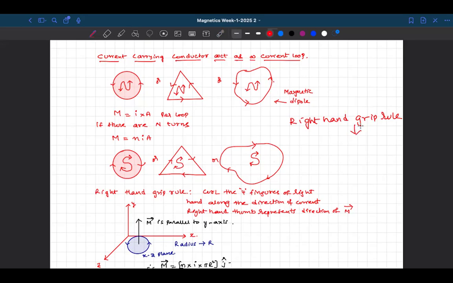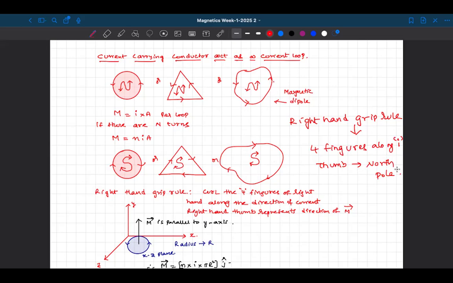According to this rule, if we are turning four fingers along the direction of current, then the thumb represents the north pole.